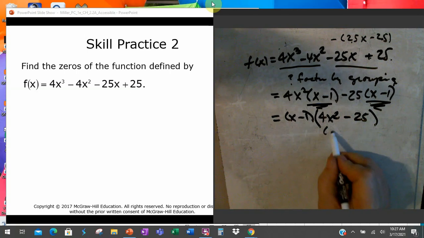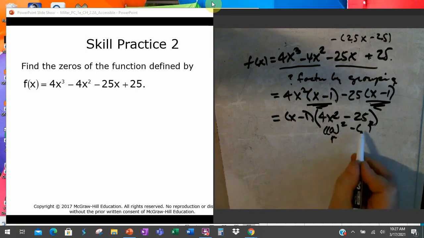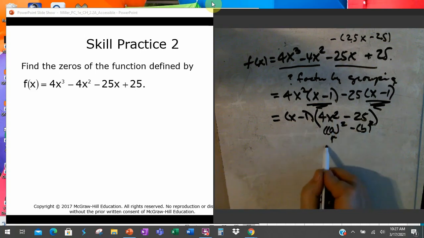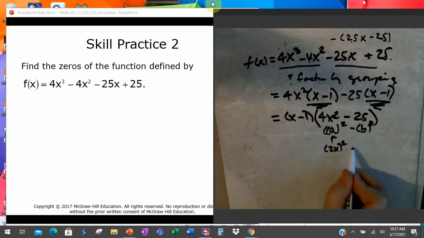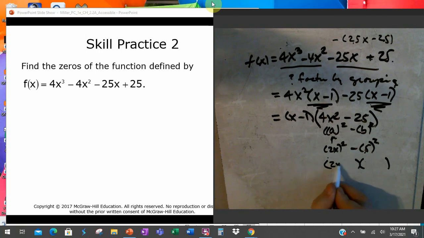And this looks like the form of something squared minus something squared. This is like a squared minus b squared. If I put this into this term, this is 2x squared, and that's 5 squared. 4x squared minus 5 squared, and now I get to factor a minus b, a plus b. 2x minus 5, 2x plus 5.